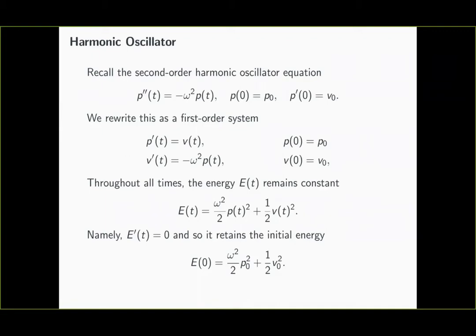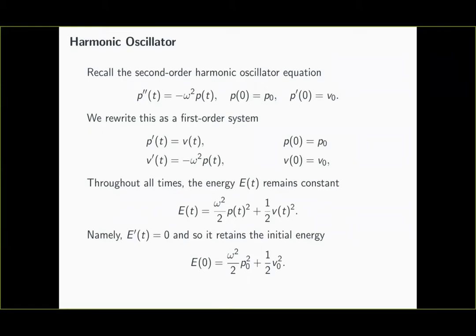P is the position of the harmonic oscillator, and p'' is the acceleration. And since this is a second order equation, we have two initial conditions, one for p itself, p at 0 is equal to p naught, and one for the velocity, p' at 0 is equal to v naught.